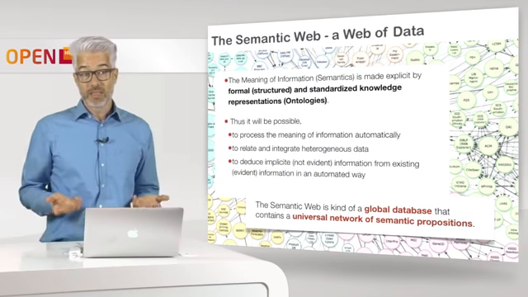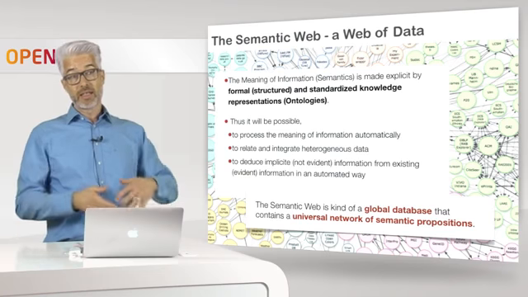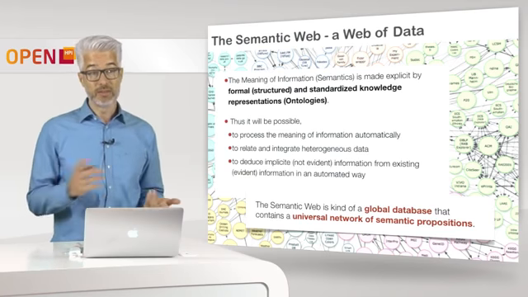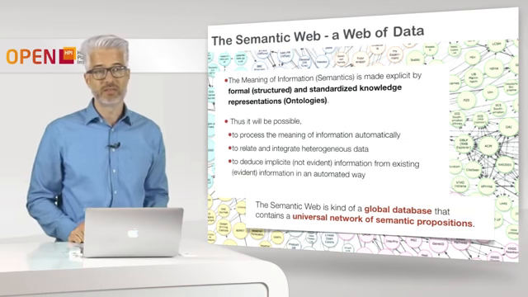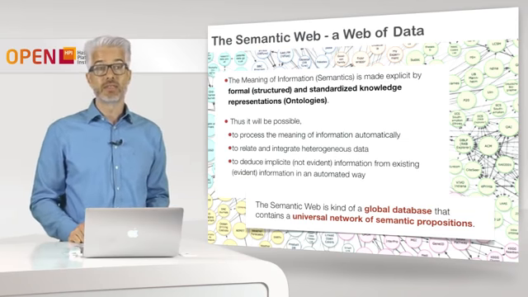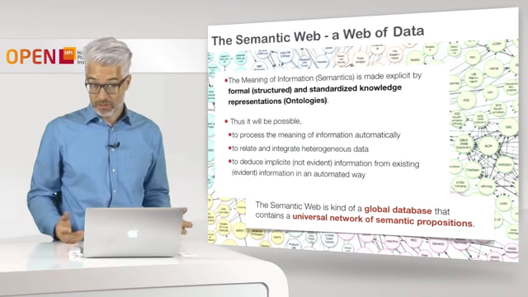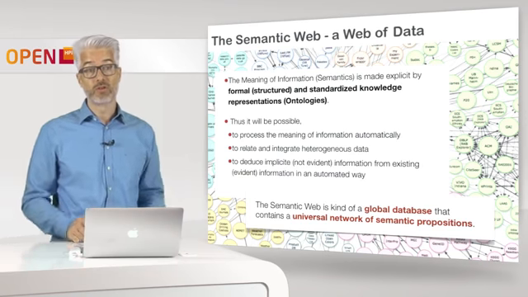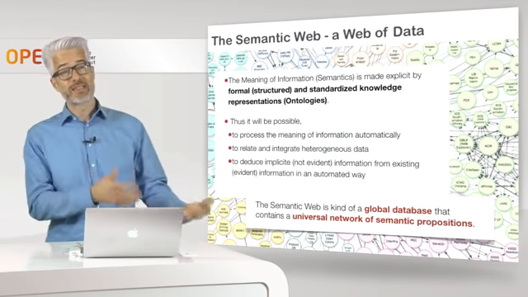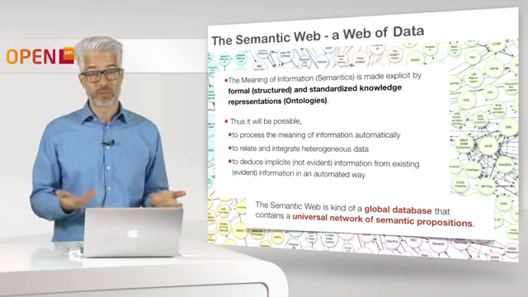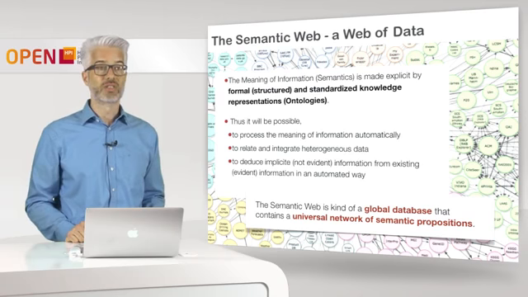And by doing this, we can relate and integrate, of course, previously heterogeneous data. And we can deduce implicit, so not evident, information from existing evident information, and we can do this in an automated way. Therefore, the semantic web is nothing else but a kind of global database that contains a universal network of semantic propositions, of semantic information.